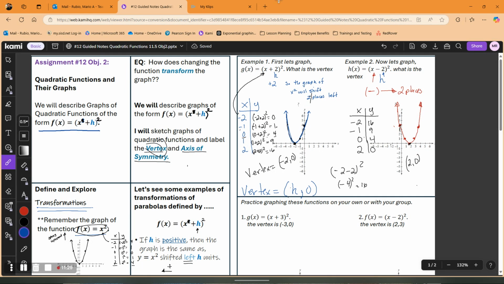So whatever h is goes here. In this case, it's negative h, so you have to take the opposite. So if h is 2, the vertex is negative 2. When h is negative 2, the vertex is positive 2. So you have to take the opposite of whatever your number is in the equation.